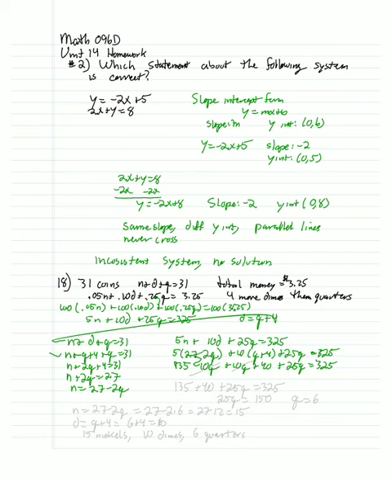And notice there's a minus 10Q and a plus 10Q, so those would cancel out. So we'd have 135 plus the 40 plus 25Q equals 325, or 25Q equals 150, so Q equals 6.